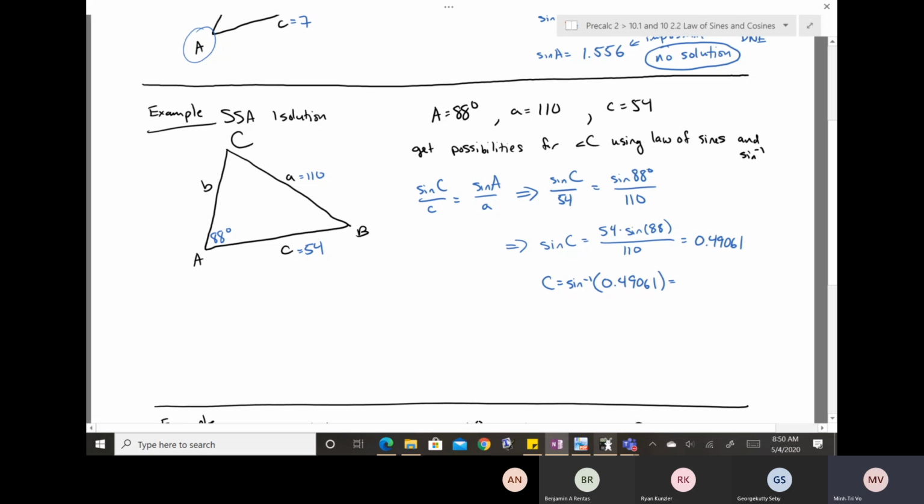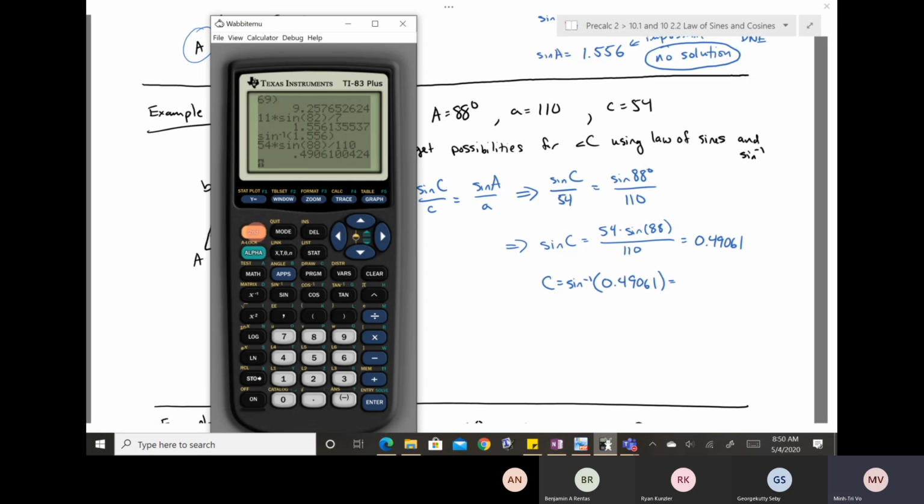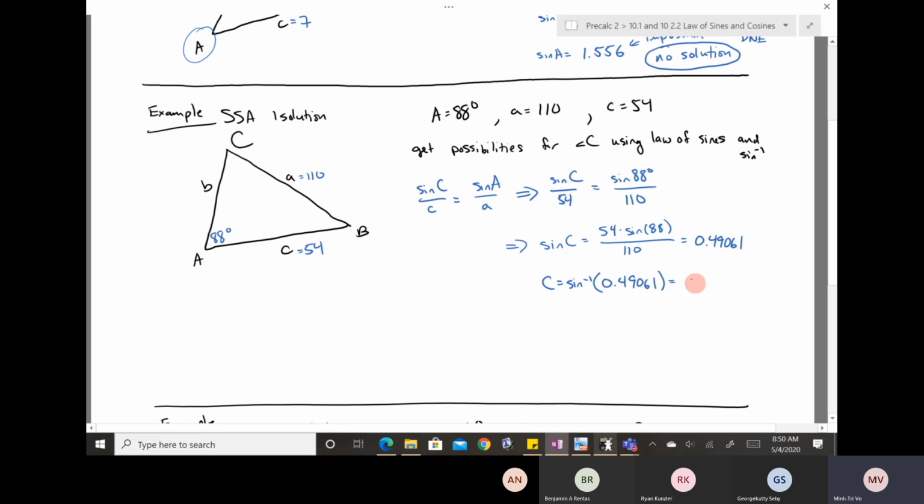Instead of typing it out, I'm just going to use the previous answer that I've just calculated. So it's about 29.38 degrees, or 29.4 degrees. Let's round it to 1 decimal place.